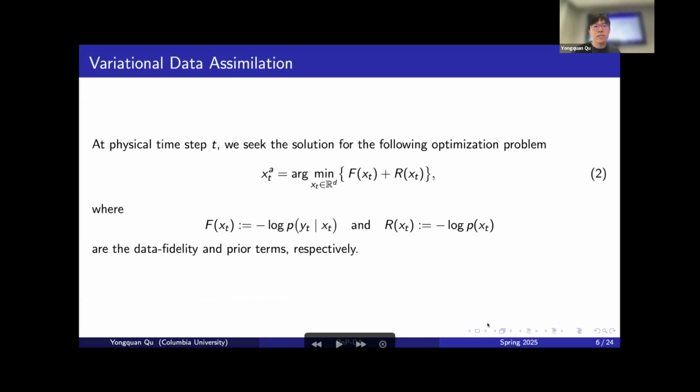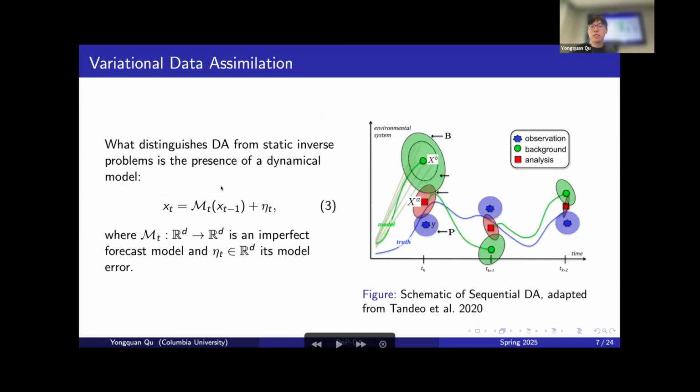For variational data assimilation, we first put physical time inside this objective function. What distinguishes data assimilation from a static inverse problem is that we now have a dynamic model used to propagate the state, and usually this model is imperfect. For example, we have limited computational power, we have to do parameterizations for different processes, and we have spatial and temporal discretization errors.